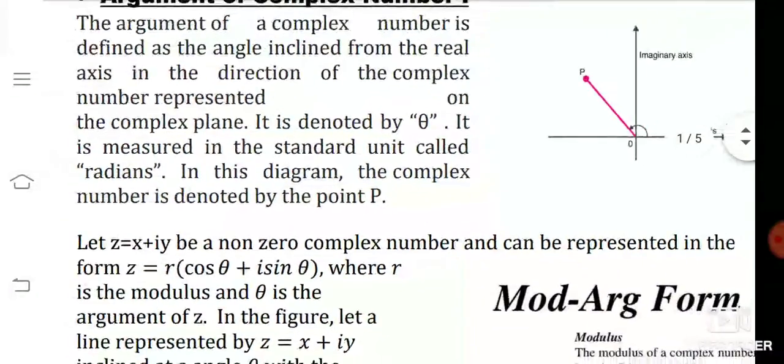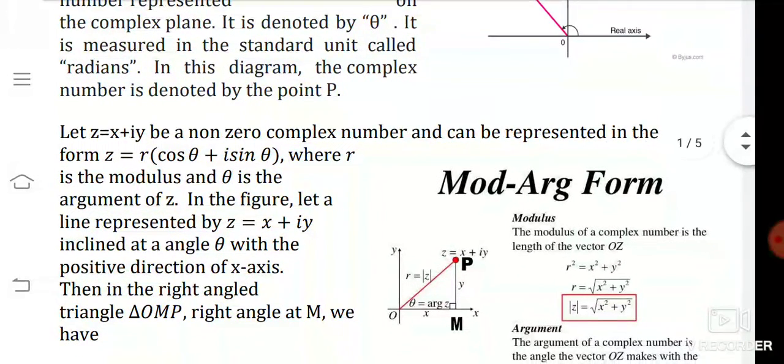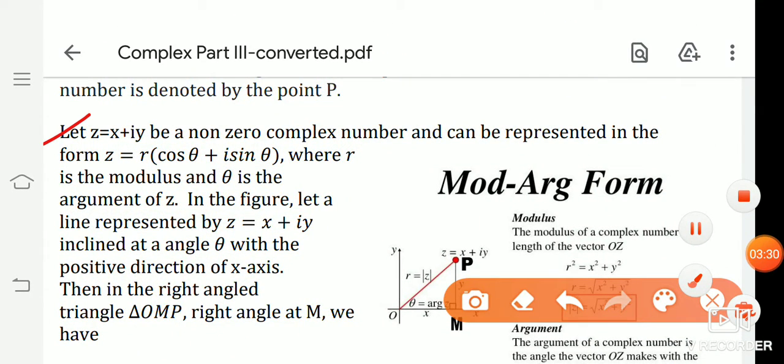Next line, see this one. Let z equal to x plus iy be a non-zero complex number. Non-zero means that the values of x and y are not both zero. It can be represented in the form z equals r (cos theta plus i sin theta).